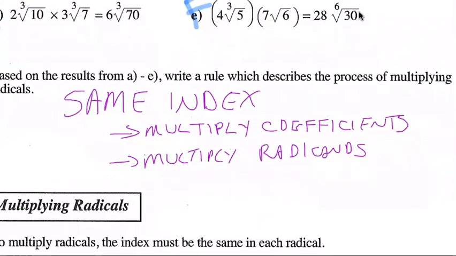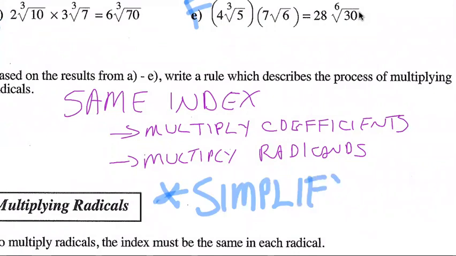But, and I'll state right now, simplify. You need to simplify your radicals before you do your multiplication, and you need to simplify your radicals after your multiplications if they do simplify. And there's a reason behind that.